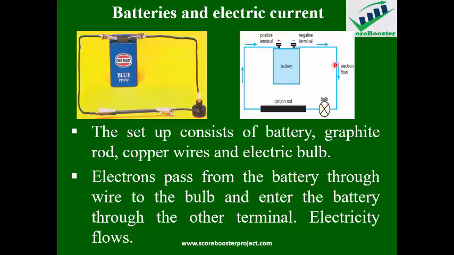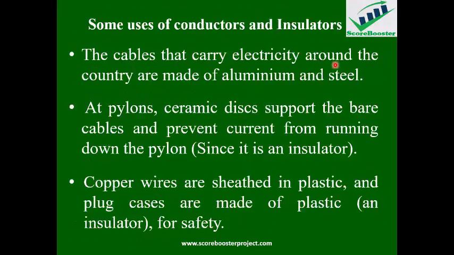It is not safe to touch them with bare hands unless there is a protective substance. Then what can we use as a protective substance? It is something that disallows the passage of current. That is why insulators are useful.